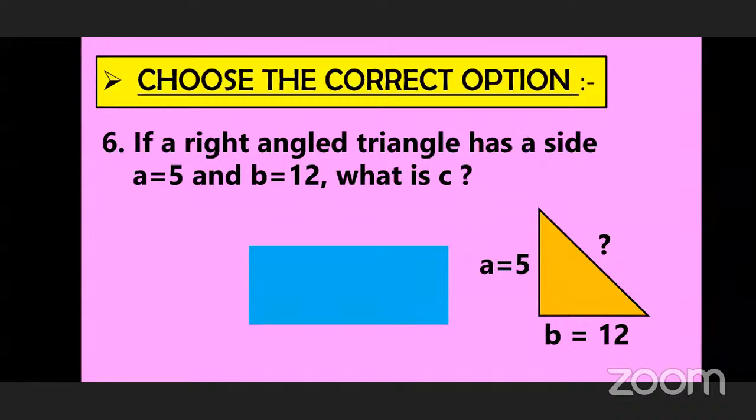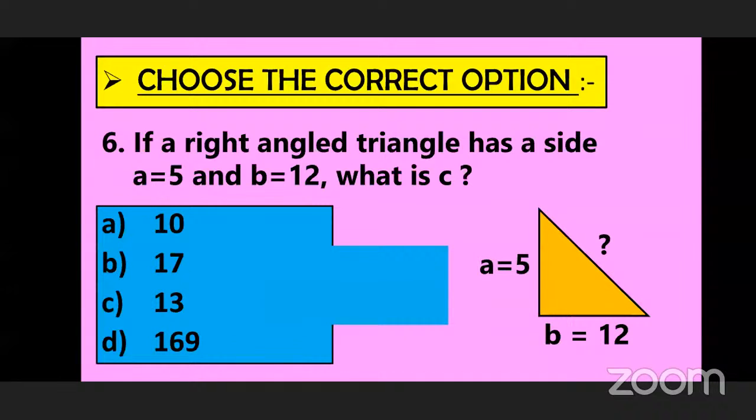If the right angle triangle has a side A as 5 centimeter and B as 12 centimeter, what is the side of the hypotenuse? And the options are here. 9, 6, option number C, 13.